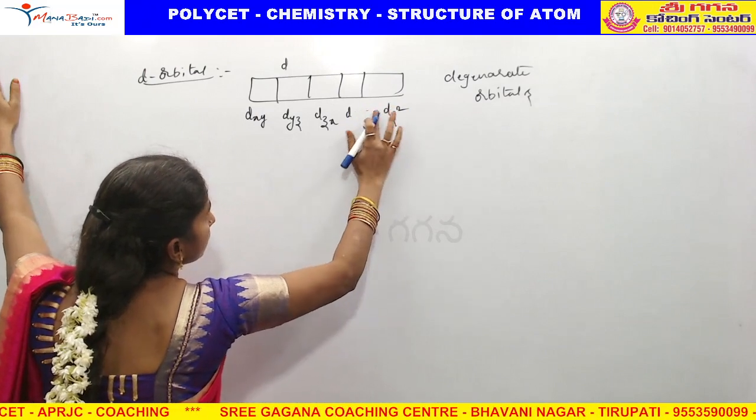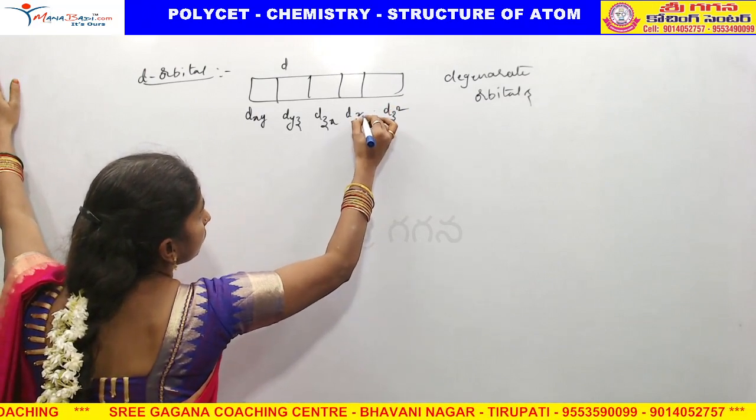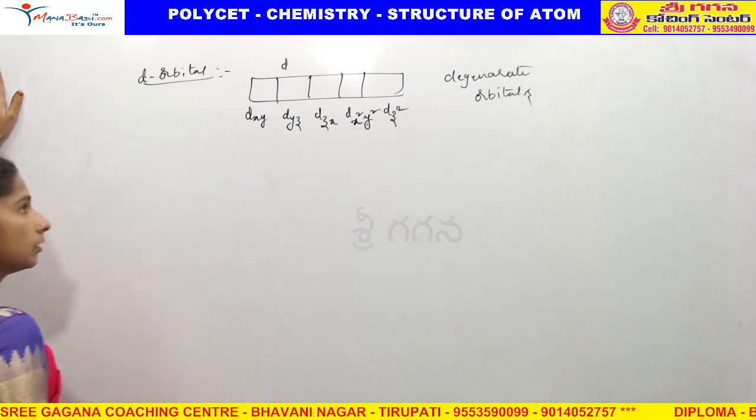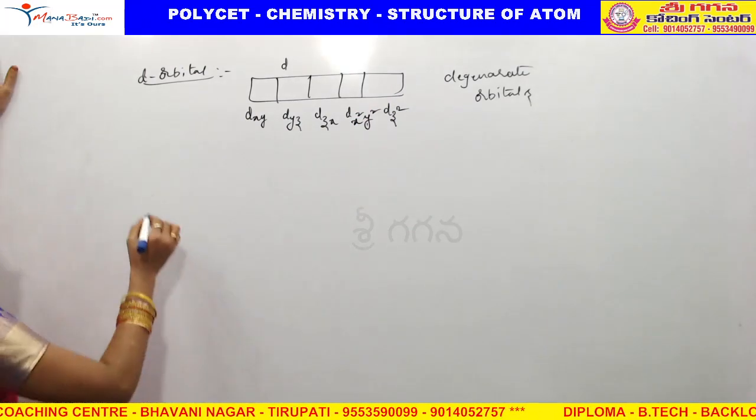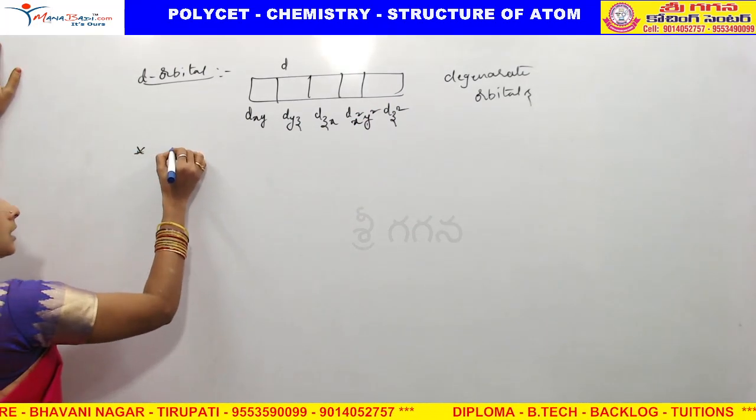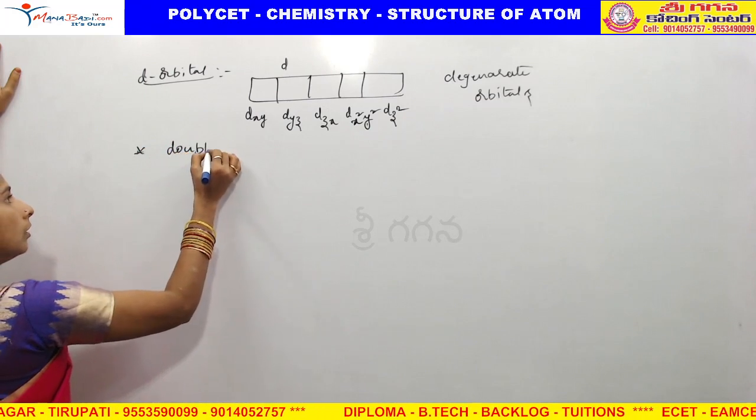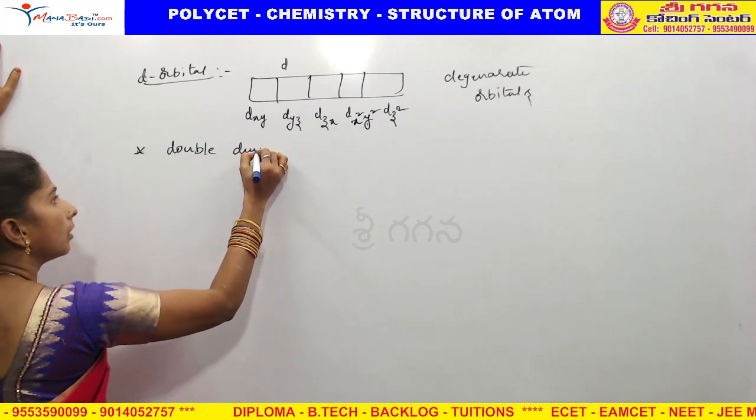Don't get confused. In dx square y square, there is no z. The shape of the d orbital is a double dumbbell.